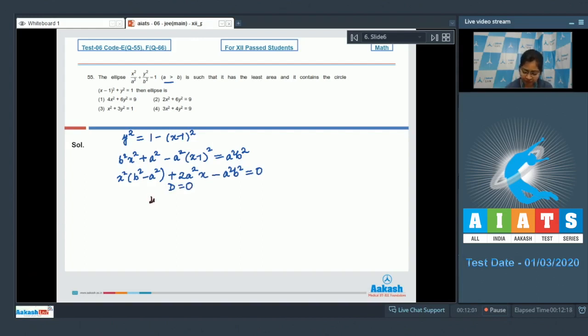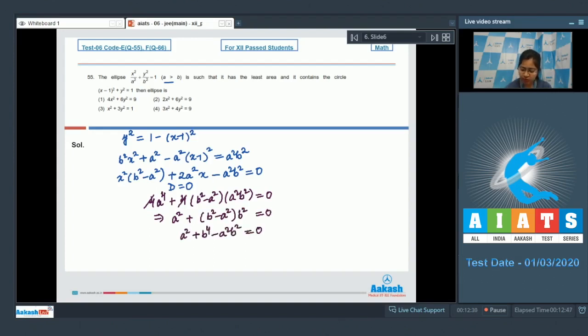So we have 4a⁴ − 4(b² − a²)(a²b²) = 0. Now dividing by a², we get a² + (b² − a²)b² = 0, that is a² + b⁴ − a²b² = 0.